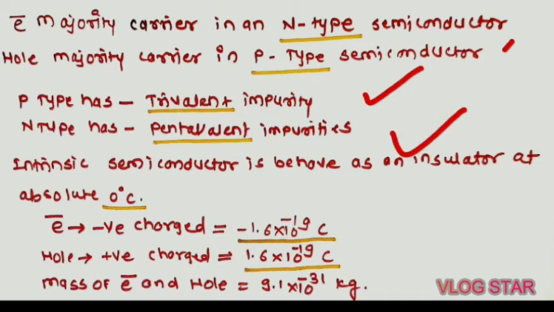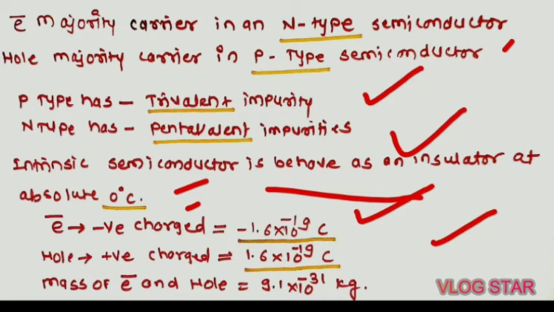The intrinsic semiconductor, that is the pure form of semiconductor, is doped with impurities to form p and n type semiconductors. As we know, the intrinsic semiconductor behaves as an insulator at absolute 0 degree Celsius, and the electron and hole have the same mass and charge magnitude, but the electron has a negative charge while the hole has a positive charge.